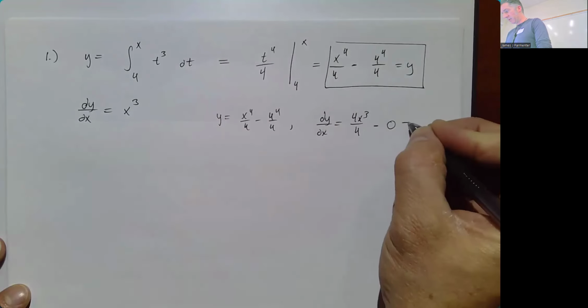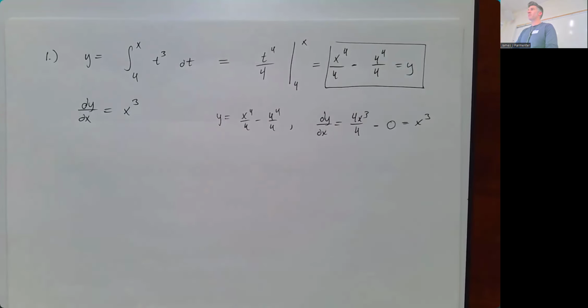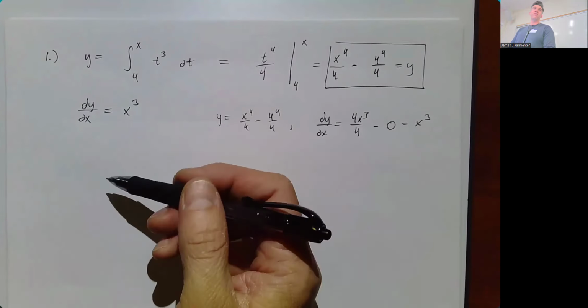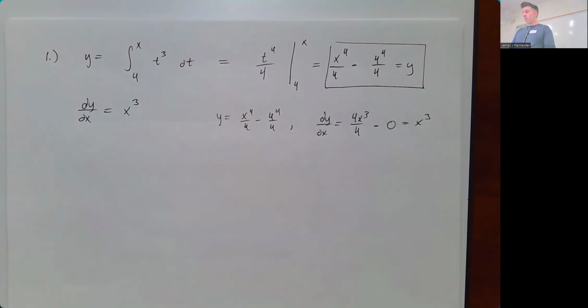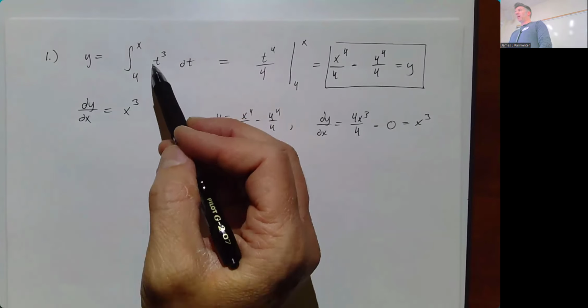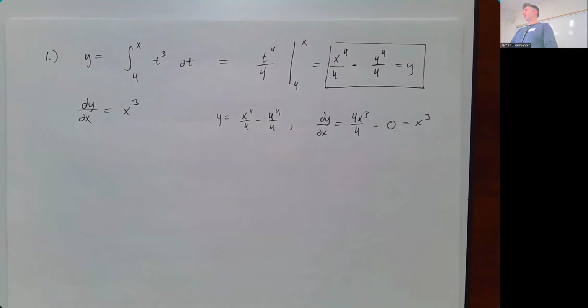Oh, look, that's x cubed. So when you do the antiderivative and then you do the derivative, you end up back where you started. But we had to change the name from t cubed to x cubed because we end up using a different variable at the end of this process.